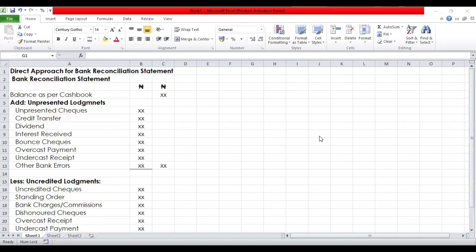In a simple analysis, bank reconciliation statement is the statement prepared in order to know the difference between the bank statement and the cash book. That's the purpose. It's not something special. We've done it in secondary school and in university. It's only the practical part of it we want to bring on board, but there are other things that will be added as we go. Are we good to go?